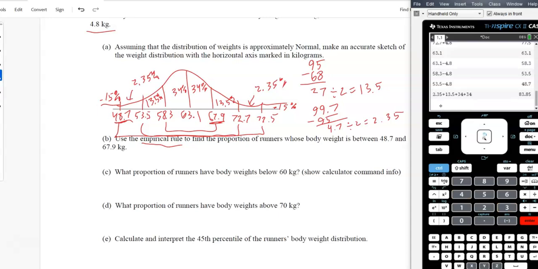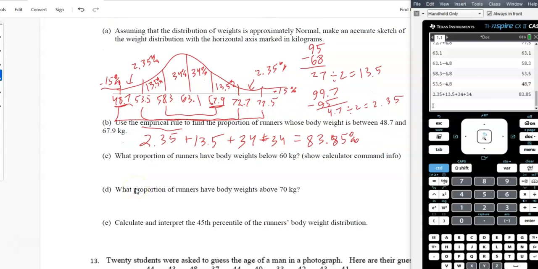So if you want to show the work, so I know you did it this way. Plus, you'll get a more exact answer if you use norm CDF. So I kind of know you did that because we want the approximate answer that you get by using the empirical rule. That equals 83.85%.